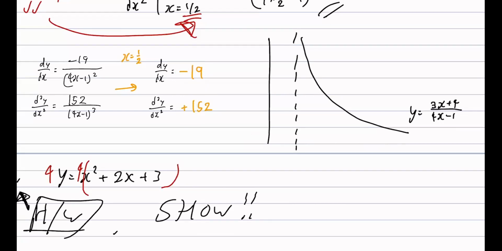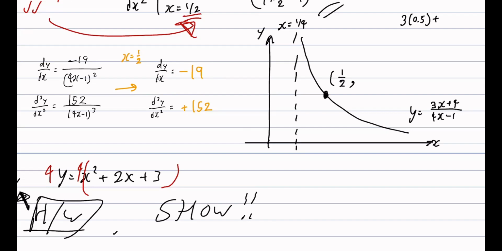Okay, maybe d2y cannot represent geometrically. Conceptually, what's negative 19? What is negative 19? Yes. dy over dx.